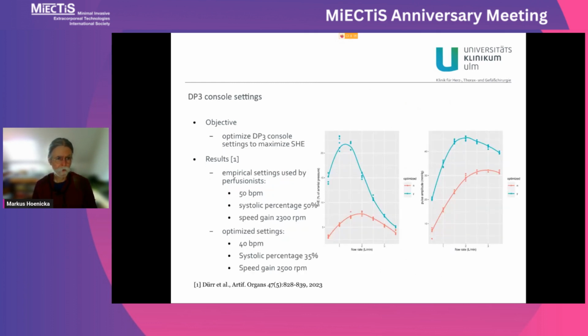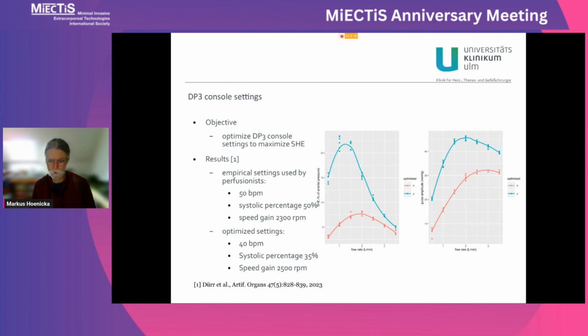Next, we optimized the console settings, that is what influences the DP3 pumps. And we started from the empirical settings from our perfusionists. They used a frequency of 50 BPM, a systolic percentage of 50%, and a speed gain of 2,300 during pulsation.